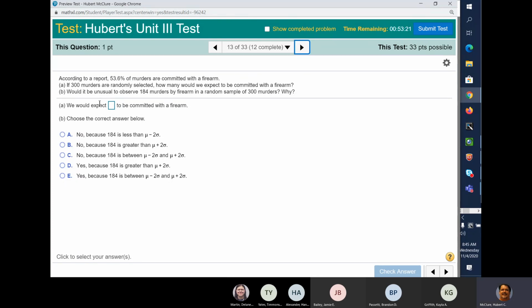That's interesting. If 300 murders are randomly selected, how many would we expect? Okay, now what is the difference in this one? This one is NPQ. Why? Because they don't give you enough information to do NPX.